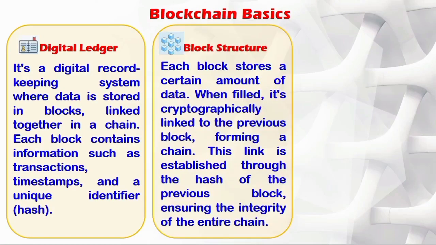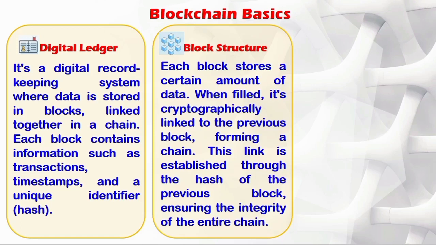Okay. Block structure. Each block stores a certain amount of data. When filled, it is cryptographically linked to the previous block, forming a chain. This link is established through the hash of the previous block, ensuring the integrity of the entire chain.